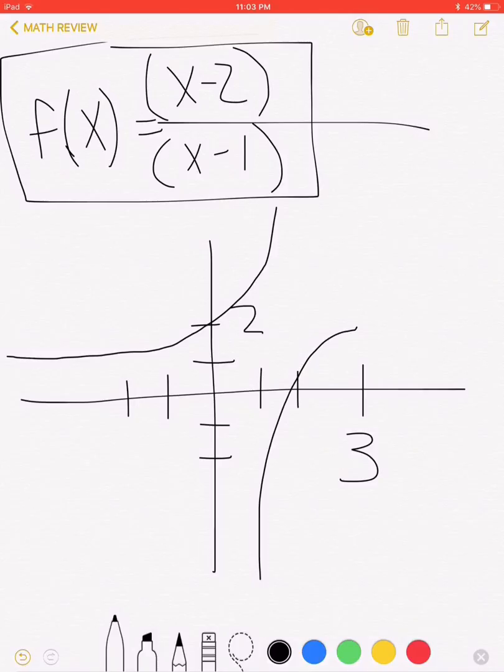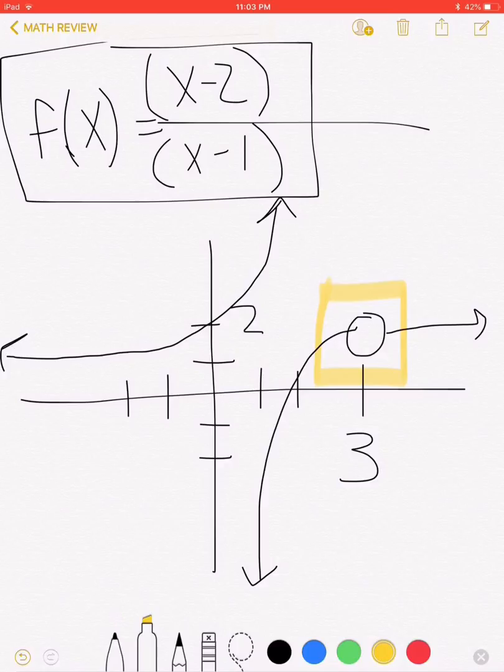Go over, and then there's going to be the hole. And holes are indicated with an open circle. So make sure you do put that in your graph when you're making it. And it's going to go this way. So this right here is how you show the hole that is at 3.